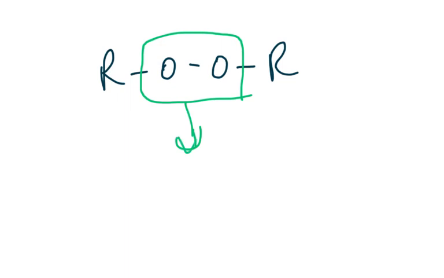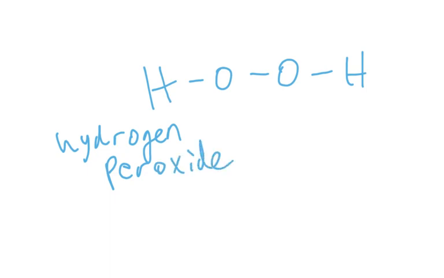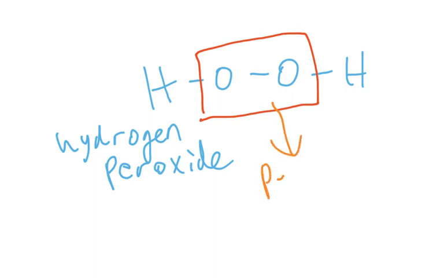You may have heard of this molecule, hydrogen peroxide, which will be important in future reactions. Like we mentioned, this group, the oxygen bound to oxygen, makes up the peroxide functional group in hydrogen peroxide.